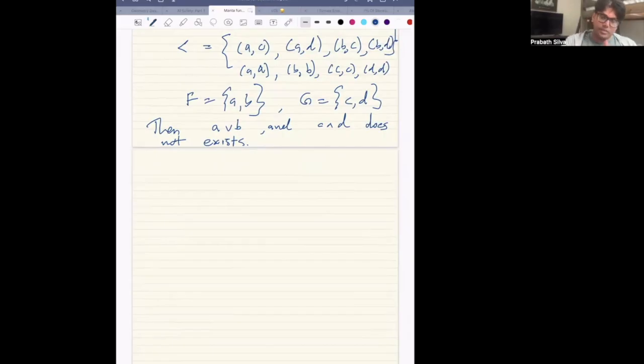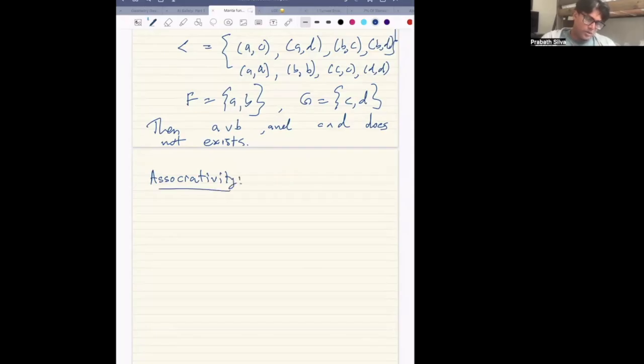So let's do this thing. So associated. If we have A, B, C in here, we want to know if this thing holds.